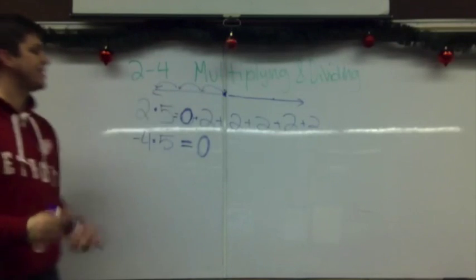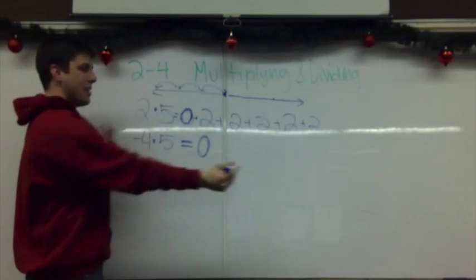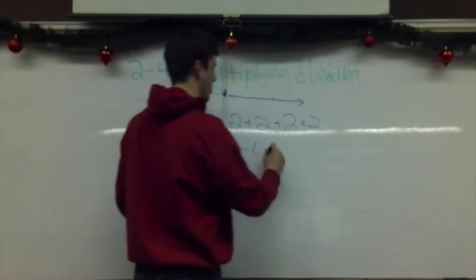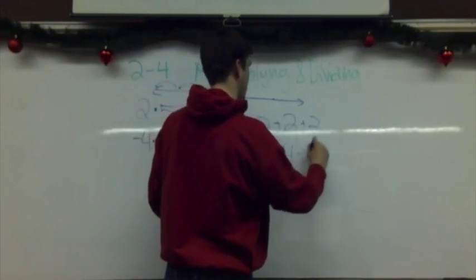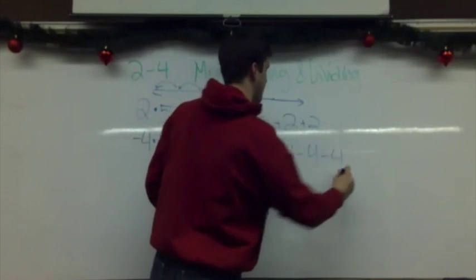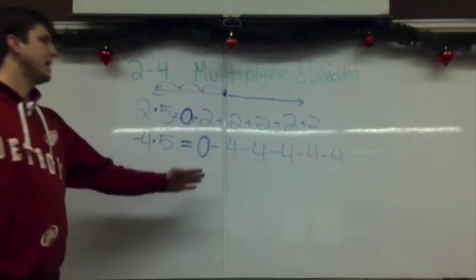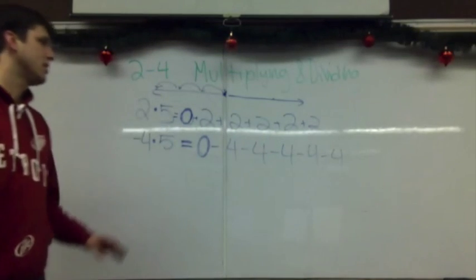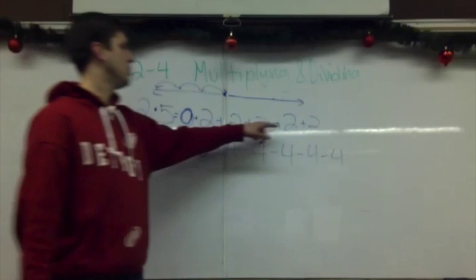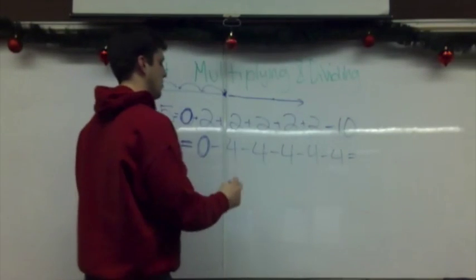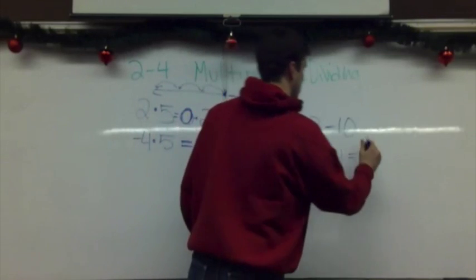It goes back that direction 5 times. To write it out in a math sentence, you go 0 minus 4, minus 4, minus 4, minus 4, minus 4. And you can solve that. This top one is 10. This bottom one is negative 20.